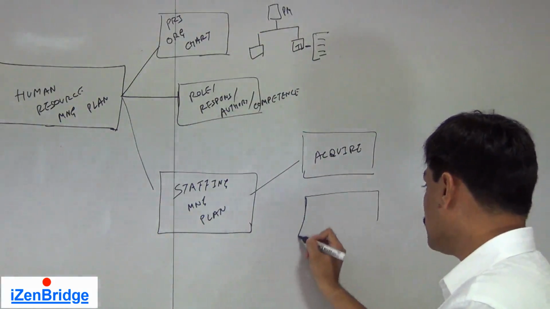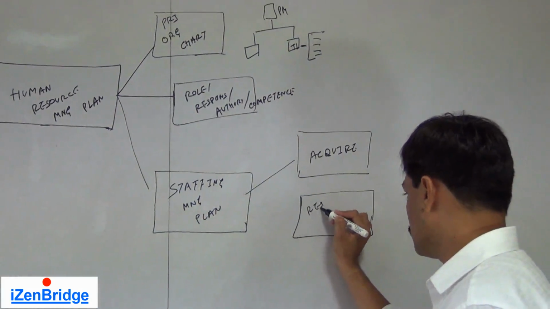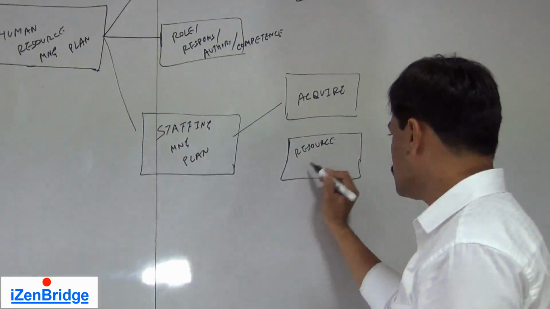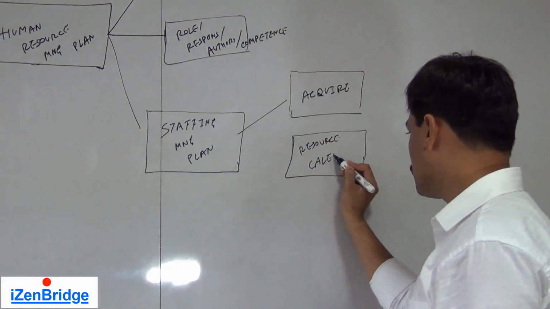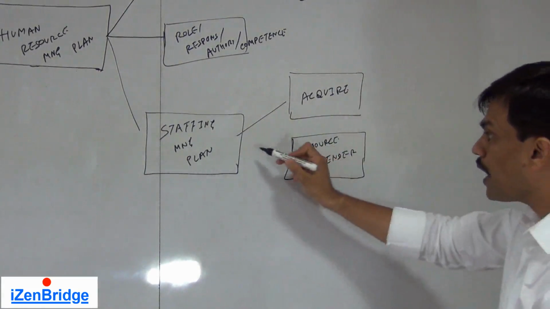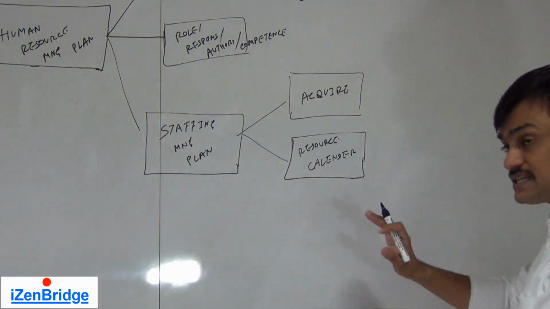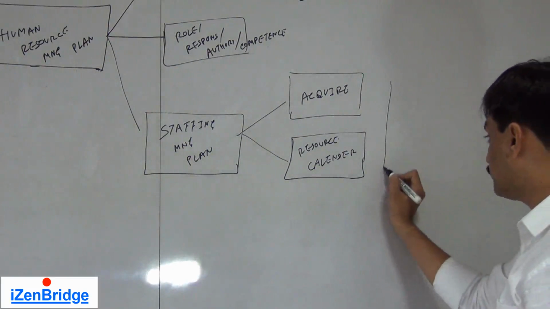After acquiring, you also talk about a resource calendar. The resource calendar helps us in visualizing how these acquired resources are utilized throughout the project life cycle, because it is again dependent on the life cycle we use.